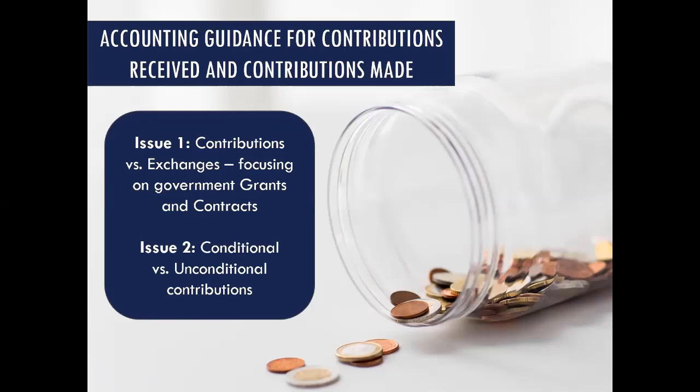Really, this standard is taking that gray area out and trying to make it a little bit more black and white. So really the key focus of this issue becomes, what is that point of entitlement? And this will really trigger the recognition of the revenue.